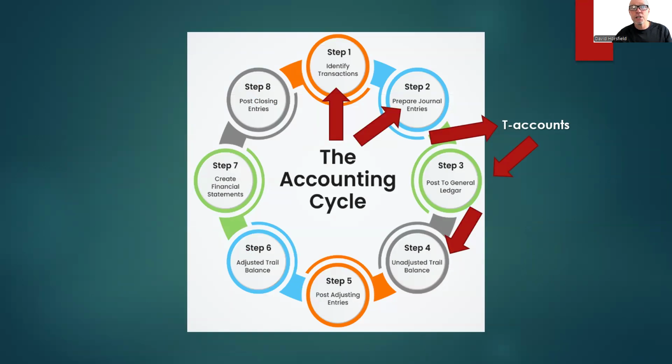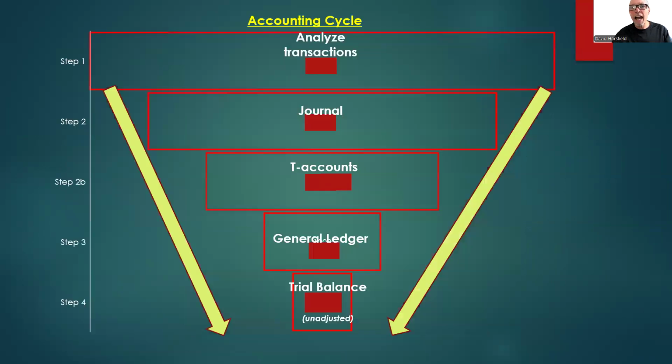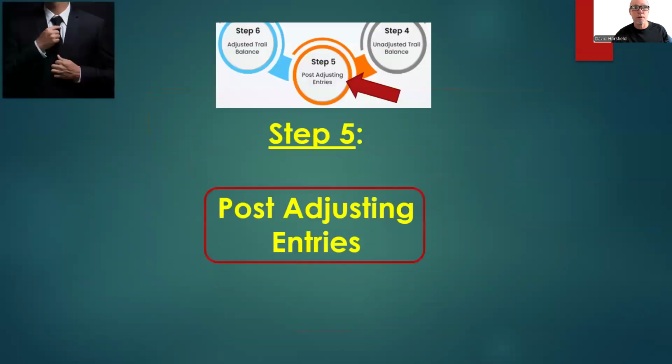And we're at a stage here where we could look at it a little differently. And this is just a visual representation that really shows the funneling effect, the narrowing, getting closer, getting more accurate, getting more refined as we step down. And we're coming down to the trial balance at the bottom of this here. So we're getting much more focused and refined in the numbers and the recording and the transactions that we have.